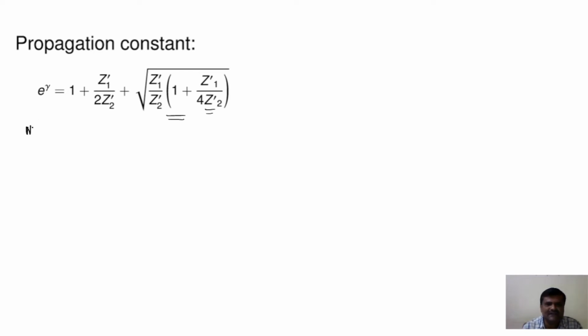So my aim is to calculate z1 dash divided by 4 z2 dash. Now we calculate the value of z1 dash divided by 4 z2 dash. Previously we have calculated the value of z1 dash.